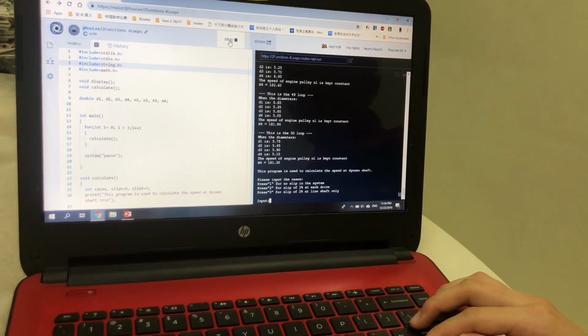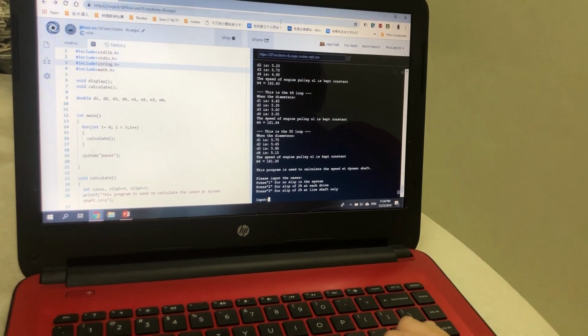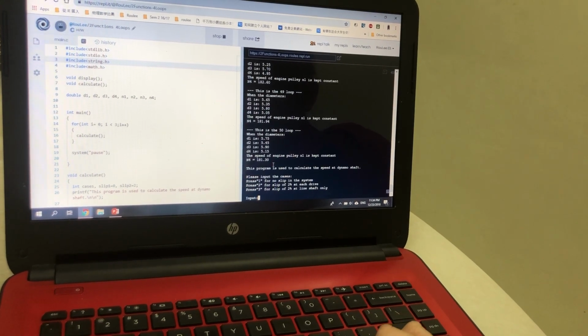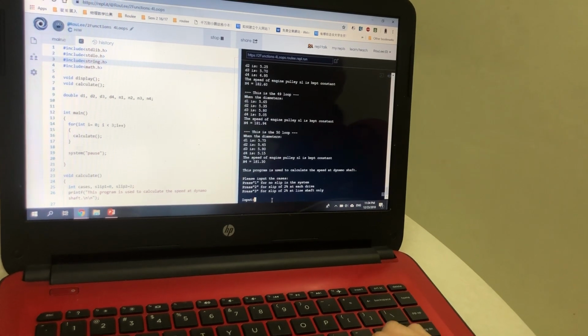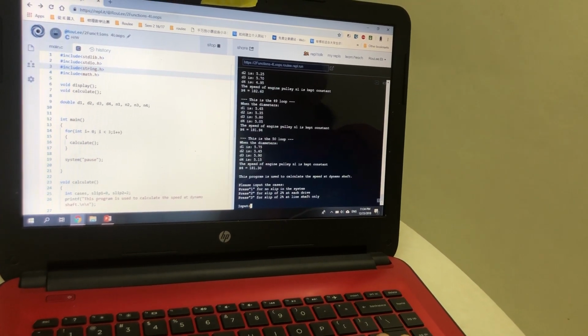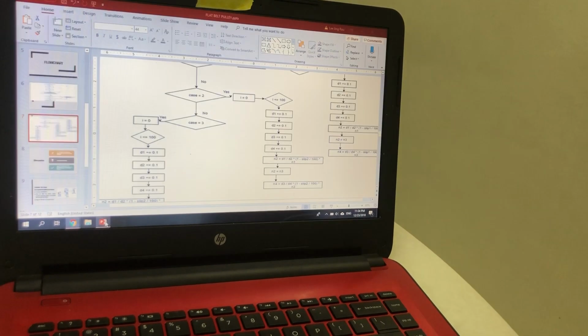Okay, so there are 50 loops, and it will show the speed of the engine pulley N4. I can continue to insert my input until 3 inputs, for input 1, 2, 3, as I set it like that.